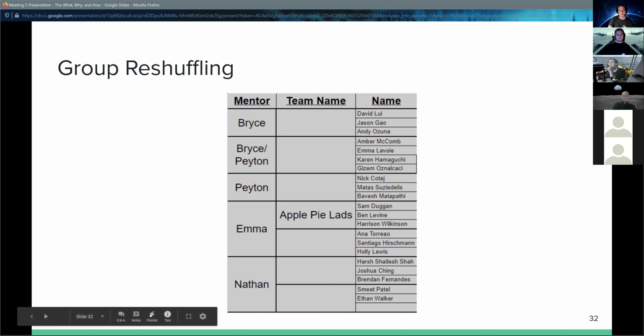But I'm sure that will not be an issue. Bryce and Peyton have worked together plenty before. So that is the way that the groups are shaking out for now.